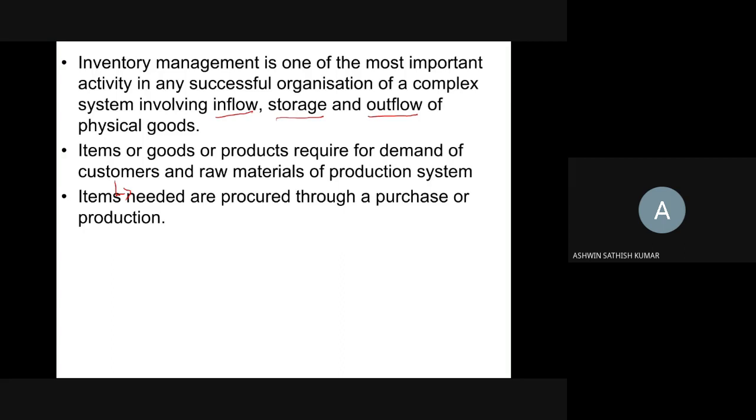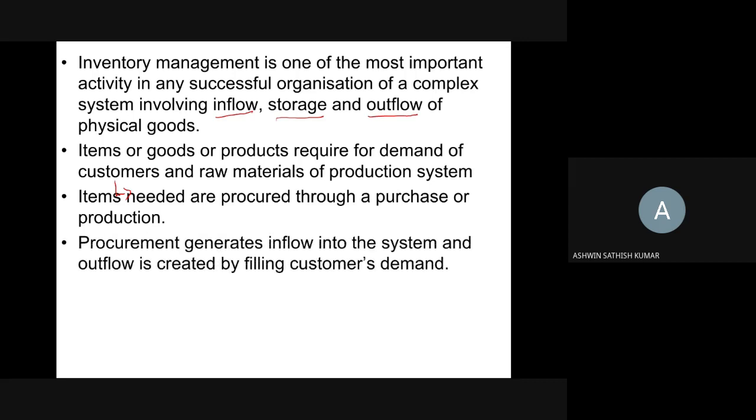If we have a demand of 50 items, you cannot produce 50 directly; you produce one item at a time and reach the required quantity. So procurement can be completed through two processes: either purchase or production, from an in-house facility.